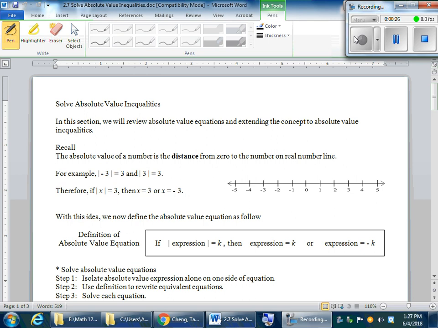So if I say absolute value of x is equal to 3, that means we have these 2 points as our solution because the distance from 0 to 3 and the distance from 0 to -3 have the same distance. So that will be our, excuse me, our solution.